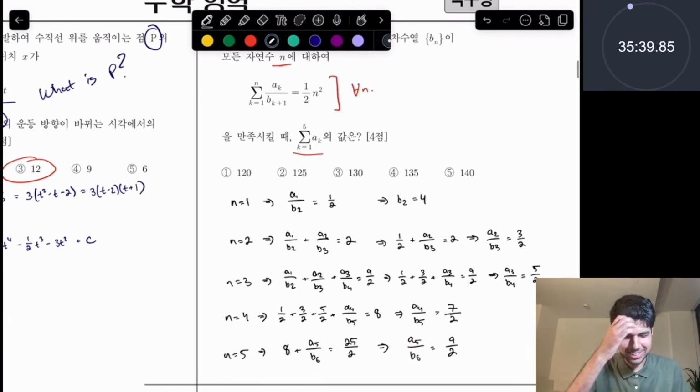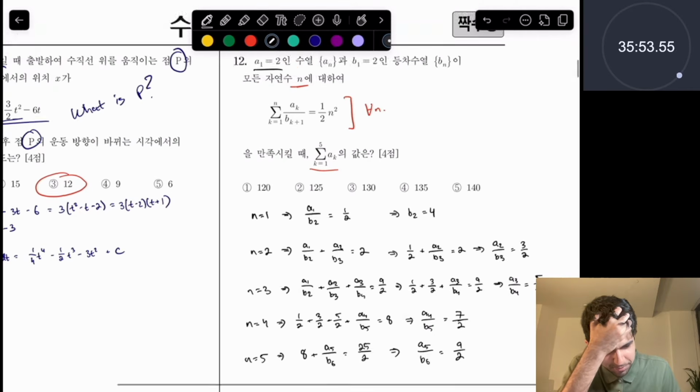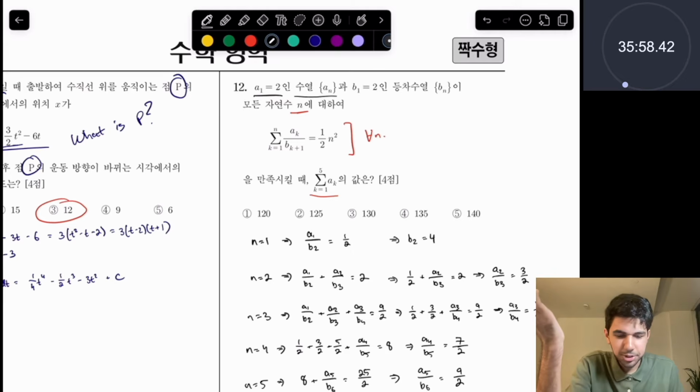Alright, so it's some sort of pattern here where a2 over b3 equals 3/2, a3 over b4 equals 5/2, and so on and so forth. I don't know what that means though. Maybe they're not arithmetic or geometric series. Like maybe they're just pure series.